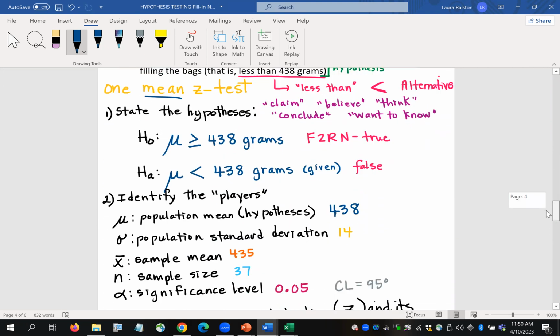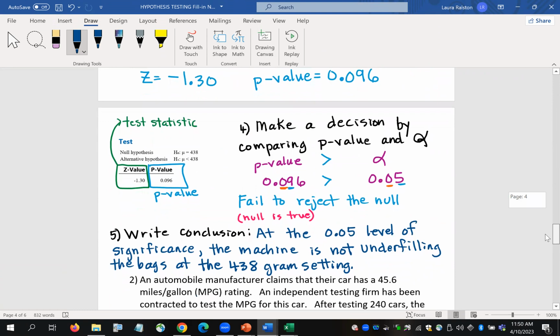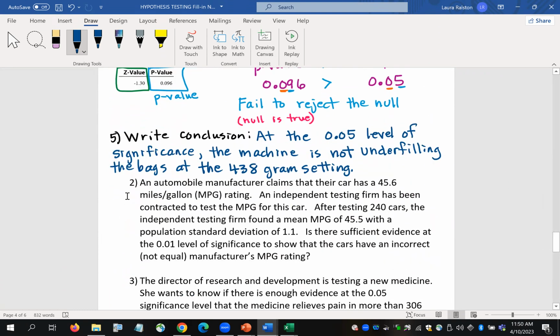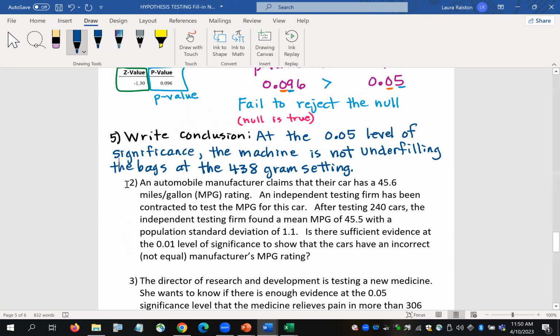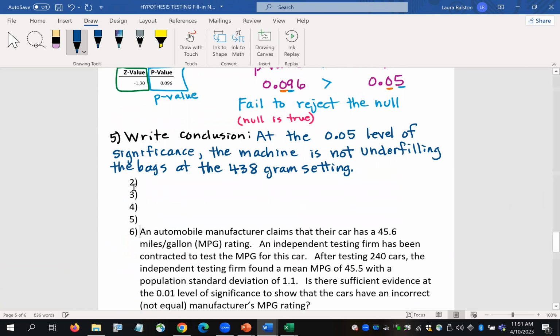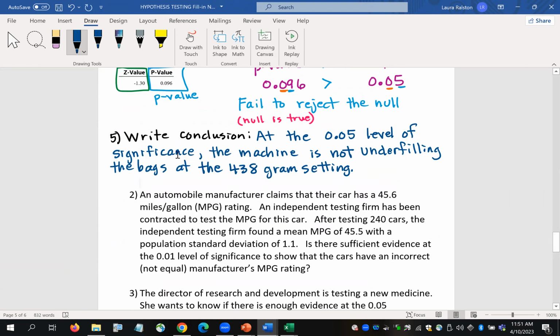Now, I've tried to be very deliberate because I know that hypothesis testing is one of those things that students tend to struggle with. Some would tell you it's probably one of the hardest things we do all semester, but it's also what we're going to do the rest of the semester. So it's important that you understand the steps. What I would tell you to do at this point is to focus on the normality, kind of understanding that process.